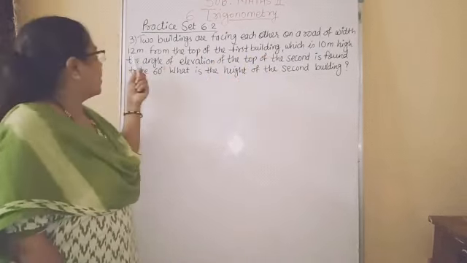Okay. Both are perpendicular to the ground. The height of the first building is 10 meters. And from the top of the first building, the top of the second building is observed. Followed? Now, we will give the names A, B, C, D. Now, the observer is standing on the top of the first building and he observes the top of the second building.